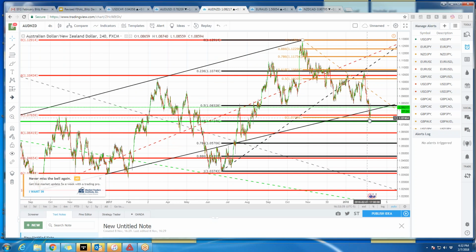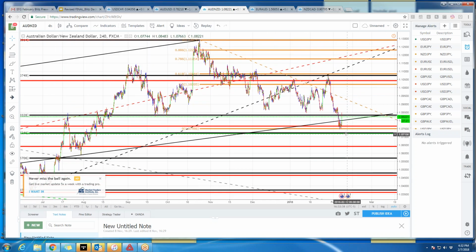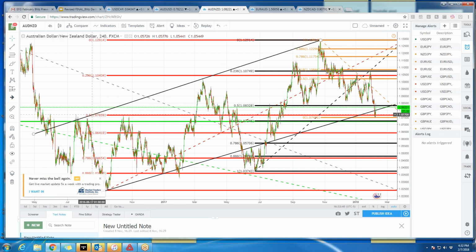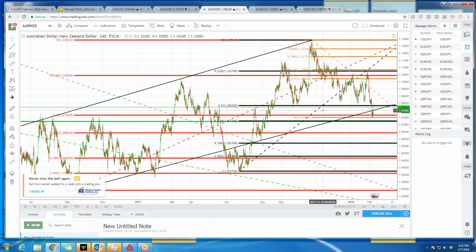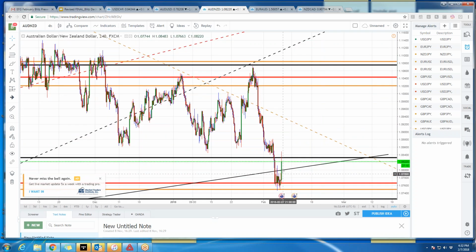So right now it's playing in between. If you see, this is the red 50 and the black 50. So it's playing around in this 50 zone right here. Just keeps teetering back and forth.